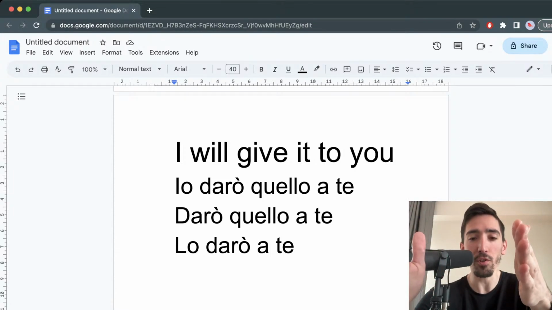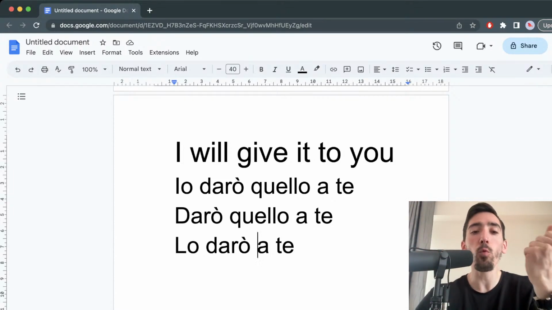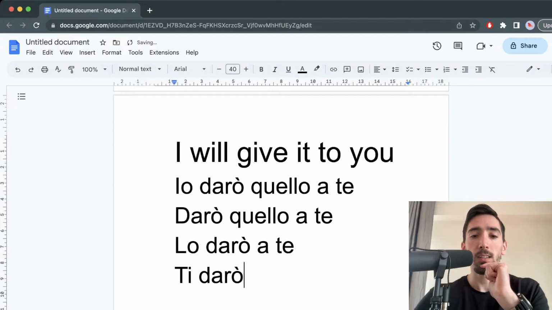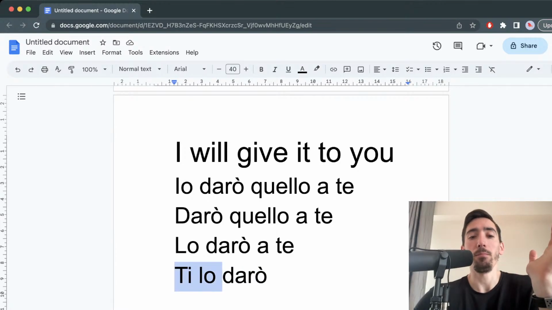We have a strong form version, a te, and we have a weak form as well, which is ti darò. Darò a te is the same as ti darò. So, ti darò, and then obviously we add lo. Ti darò. But here's the problem.